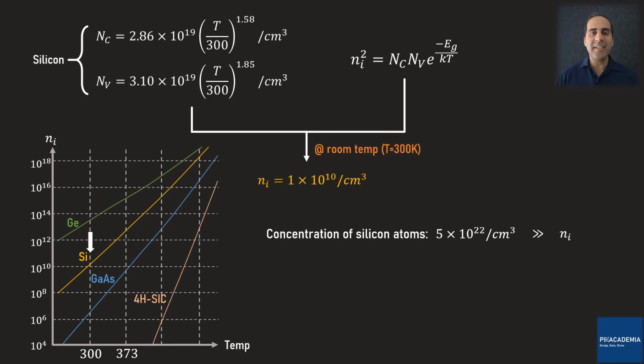This is because the intrinsic concentration response to the energy gap is exponential. The 4H silicon carbide energy gap is 2.87 times larger than that of silicon, and this creates such a big impact on the intrinsic concentration.